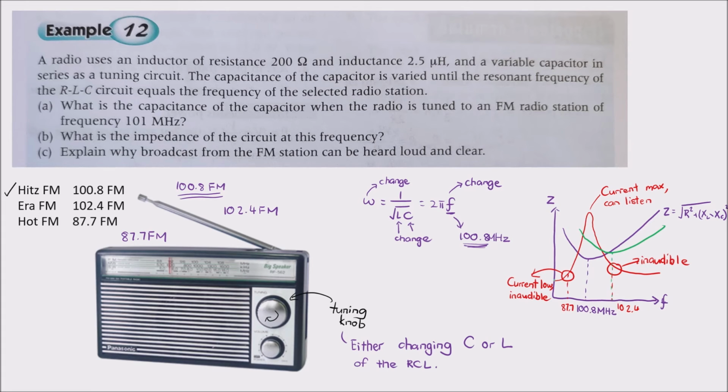At this moment, you might be able to listen clearly to the 102.4 megahertz frequency's information, but not able to listen to other channels' information. So that's roughly how radio works, and I hope you are able to see this being applied in modern electrical appliances and how it works. But let's get back to the question.